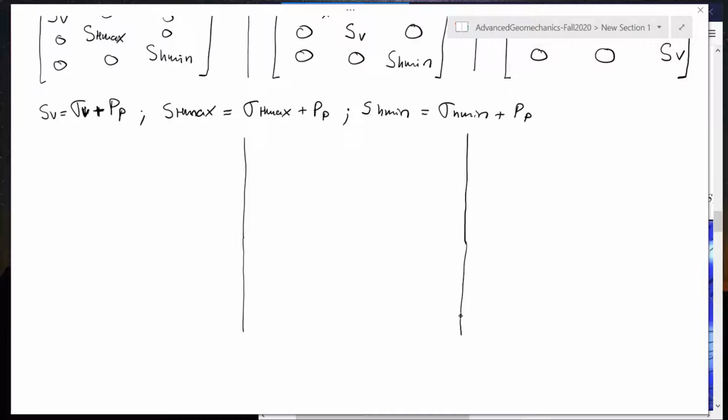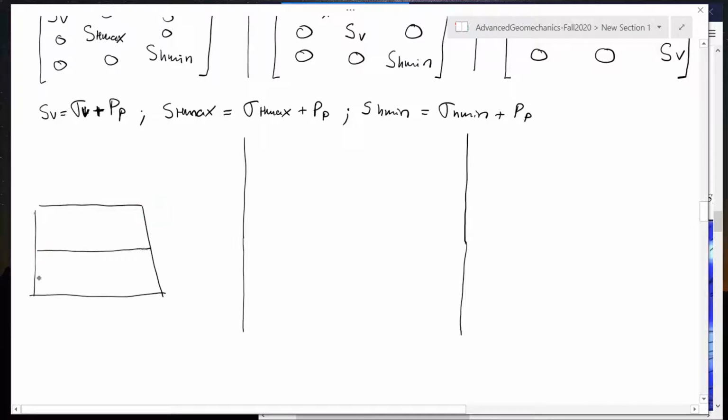If SV is the maximum vertical stress, then you would have something like this. Here I'm drawing a block diagram of a formation. Let's say that we have a wellbore that goes into this formation, and here we have a fault.